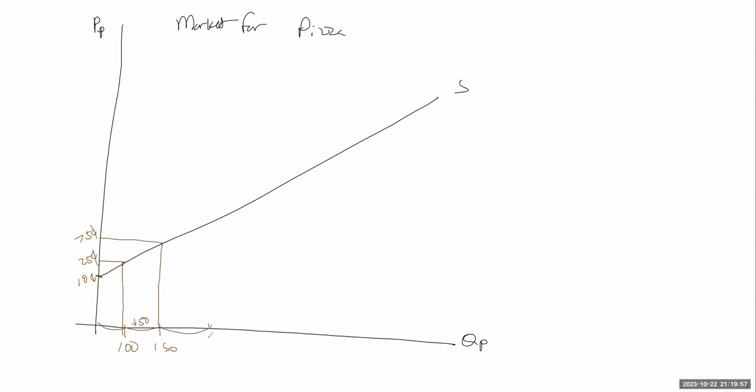And the next group enters, and they will sell 150 slices because it went from 150 to 300 at $1 a slice. But that's not how, again, sellers sell pizza. What we are assuming is there's a menu.